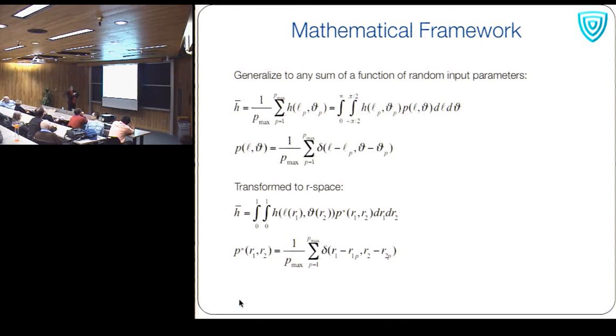So this summation is approximately the function h integrated times the probability density function of those variables, where in this case, that probability density function is simply a bunch of Dirac delta functions. So these are identical terms. Just think of this PDF here as a bunch of deltas. Everywhere there's a sample, there's a delta spike. If we transform that to R space, we get the same thing, except now these spikes are in probability space.